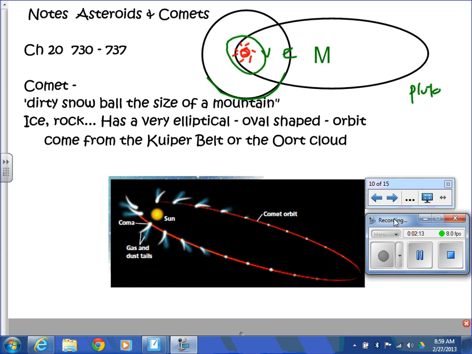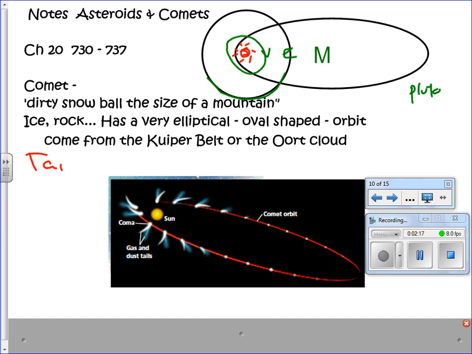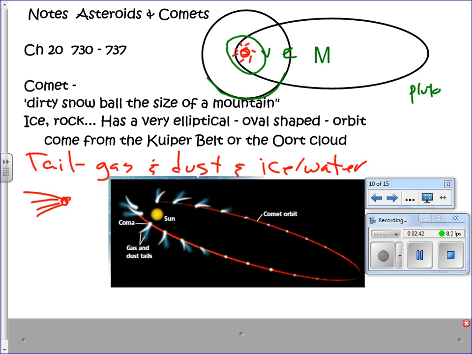And what the tail is, you see here, so the comets have a tail, which is made of gas and dust and ice or water, because as the comet gets closer to the sun, it melts a little bit. Now you think of the comet as flying like this with the tail out behind it, but you can see from this picture the tail will always point away from the sun.